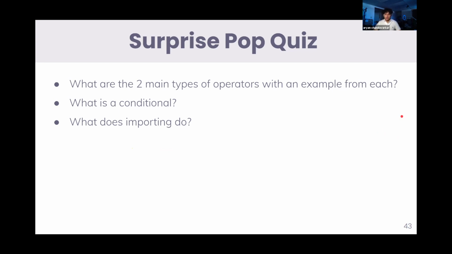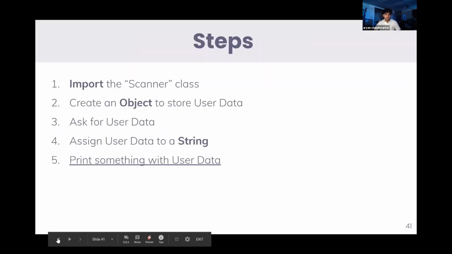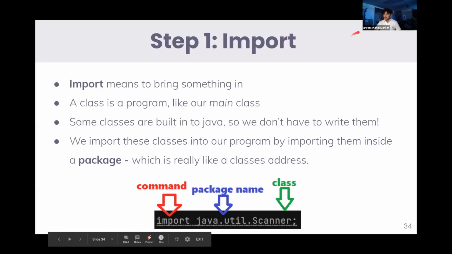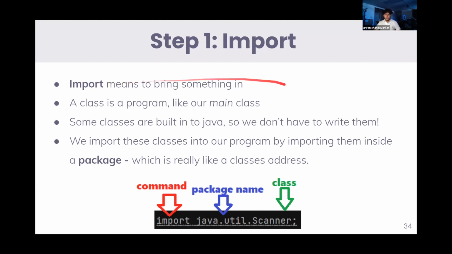Well, in importing, I guess I'll go over it again then. So to import something, yeah, exactly, Basha. So it's to bring something in, it's to get a class to make our work easier. So I'll just go through this one more time so everyone makes sure that they get it.